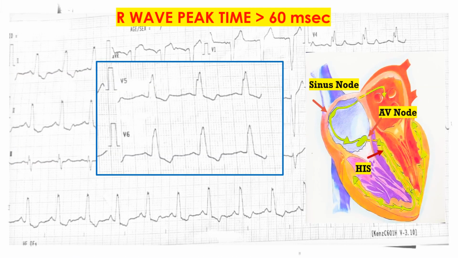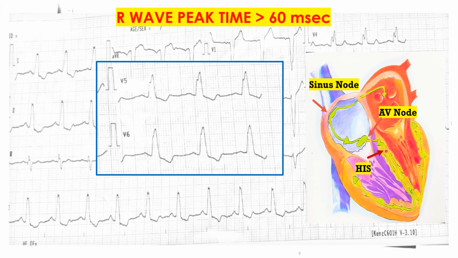The R wave peak time. This is the same concept applied in a different way. By R wave peak time we mean from the onset to the peak of the R. It has to be delayed because of the same concept as discussed previously.